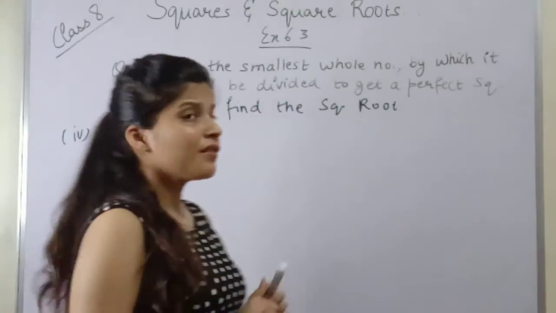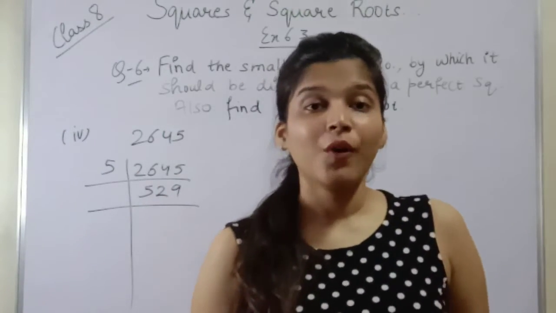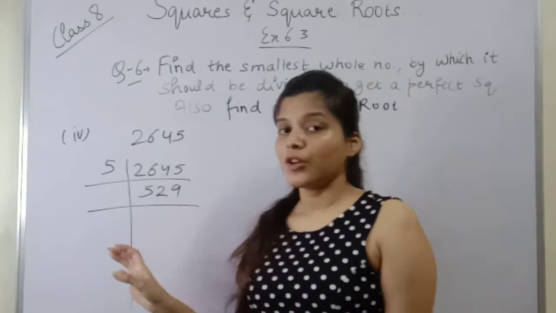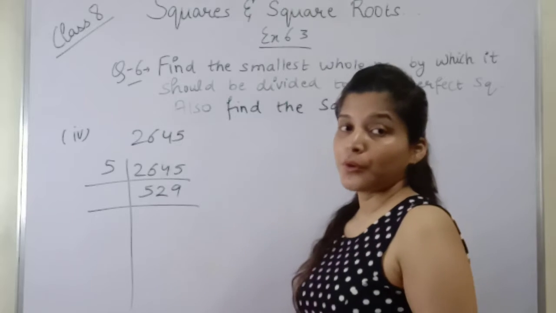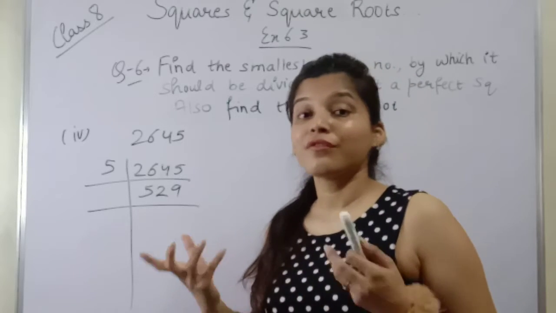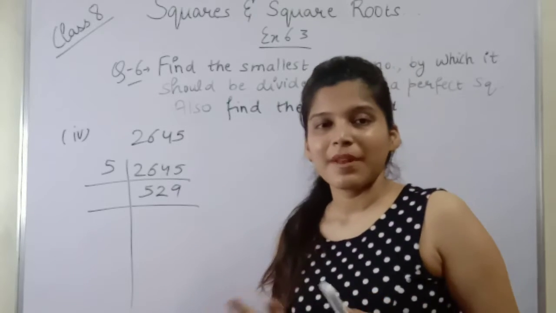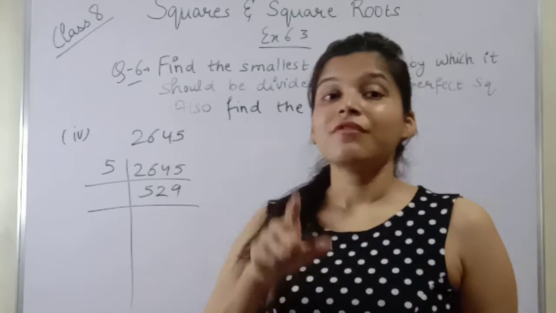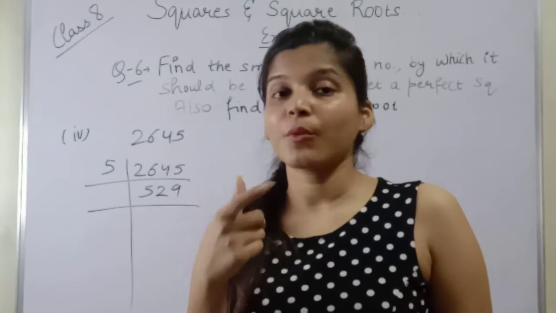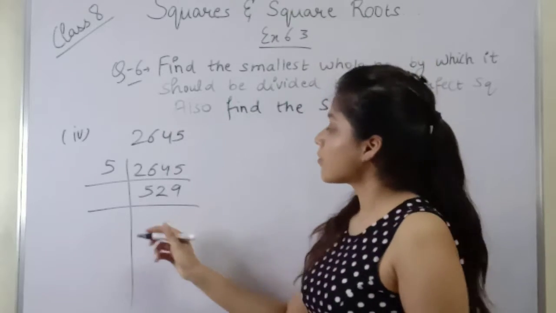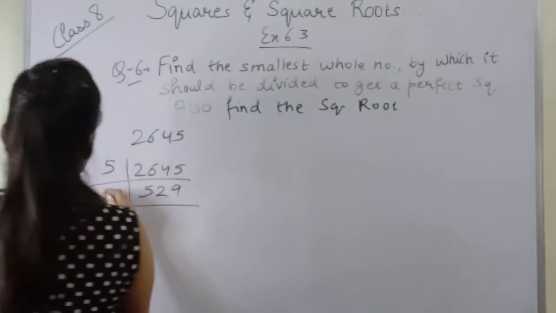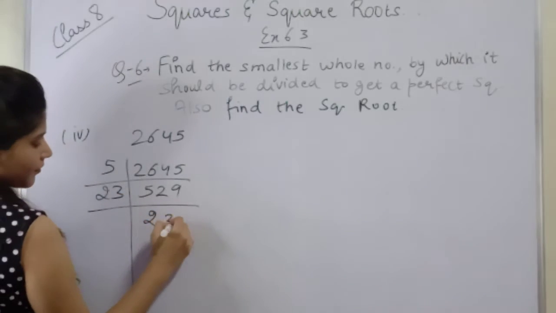Now 529. I hope you all know that 529 is a perfect square, but as we don't know 529 is a square of which number, let's multiply 2-3 numbers and check. In fact, we have done this type of question in our last question, or I think last to last question, and we all know that 529 is a square of 23.